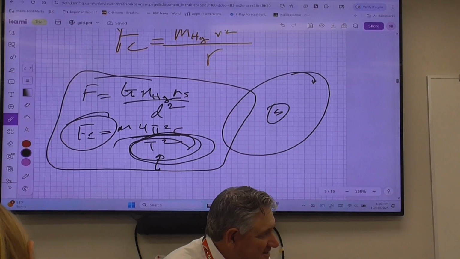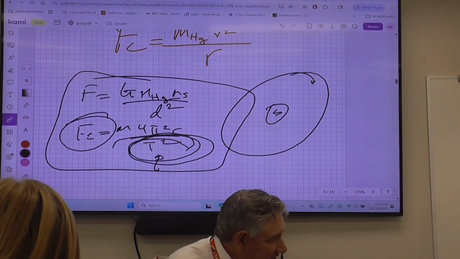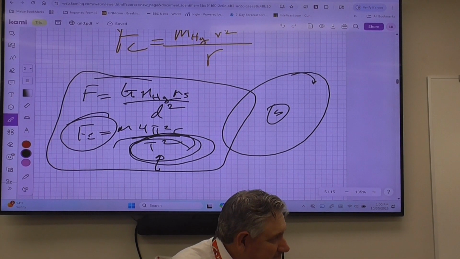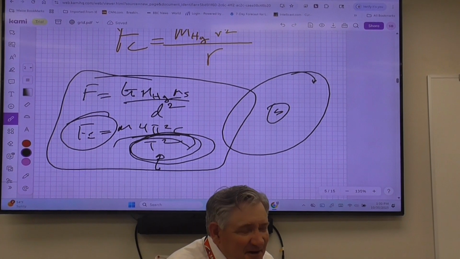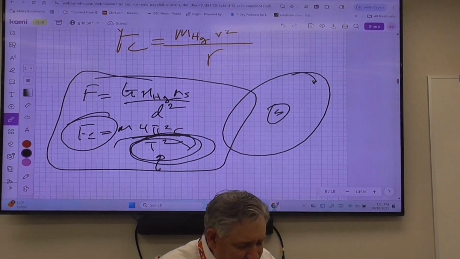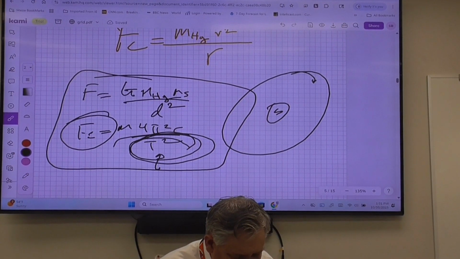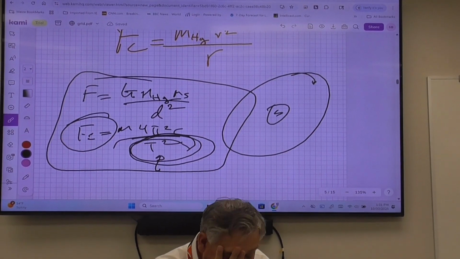So it has to be somewhere between 1 and 2.3. Is this due tomorrow at least? I got 1.27 times 10 to the 20.